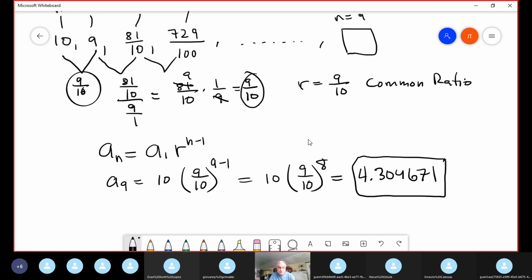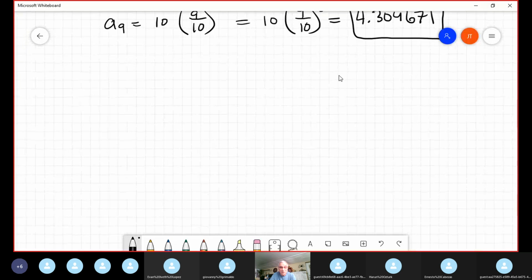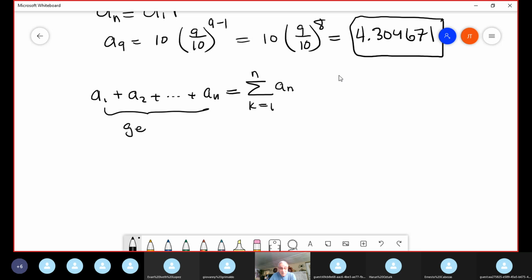Now the summation. This is A sub n, to find the position. But the summation is another formula. Suppose I want to add the elements A1 plus A2 up to A sub n. In summation notation, it's the sum from k equals 1 to n of A sub k, and I suppose that this is a geometric sequence.